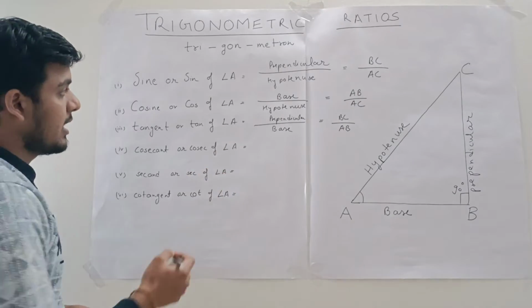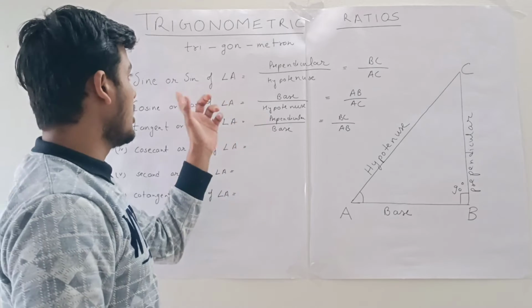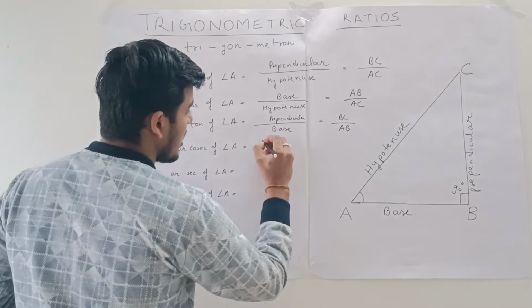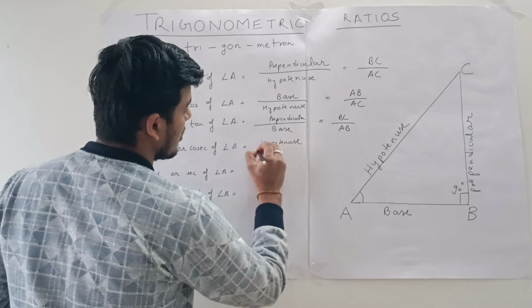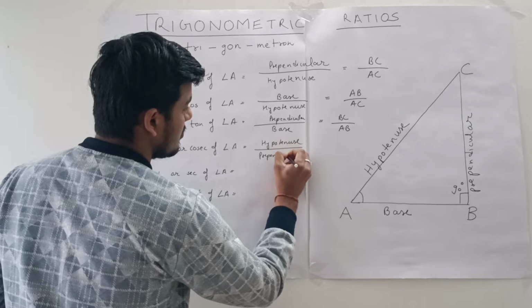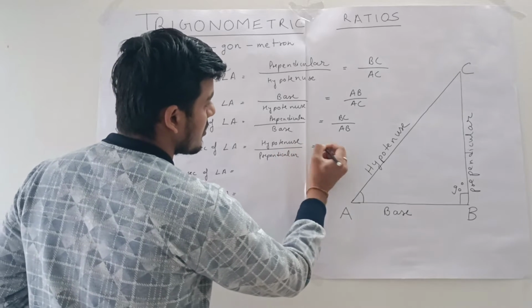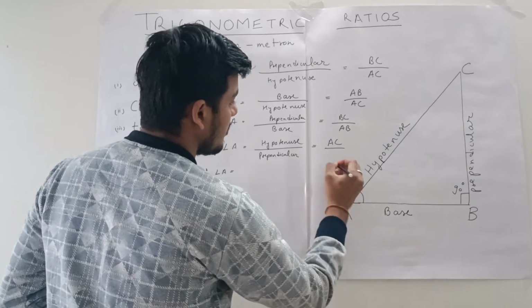Cosecant or cosec of angle A is the reverse, or we can say the reciprocal, of the sine of angle A, that is hypotenuse upon perpendicular, which is hypotenuse AC upon perpendicular BC.